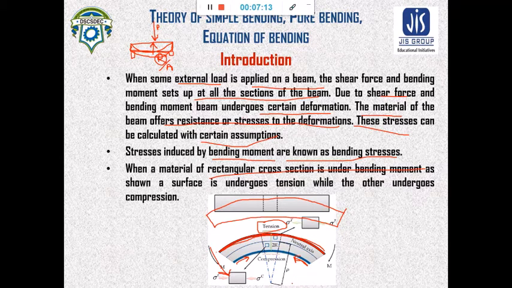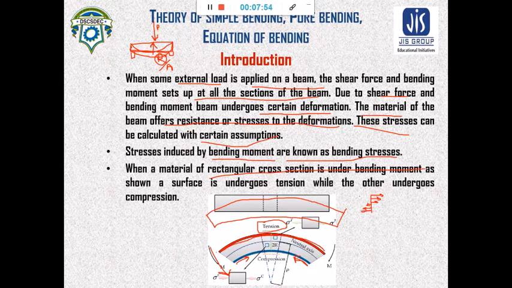Now from this picture we can say that in the case of bending, in the upper portion there is tension, and this tension force is reduced as it comes to the center point, and after some time the nature is like this.